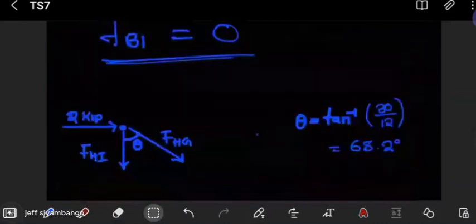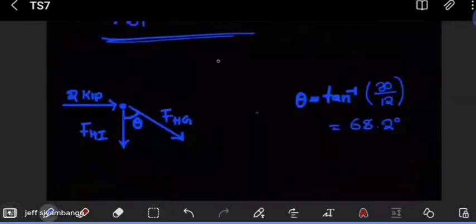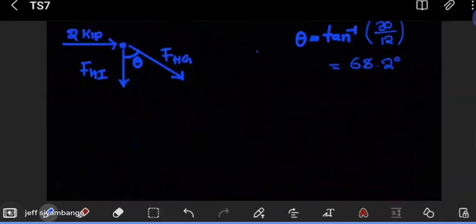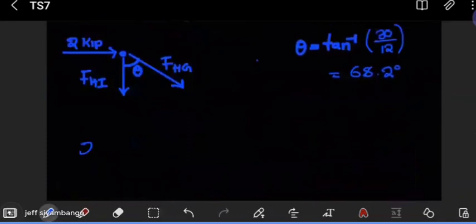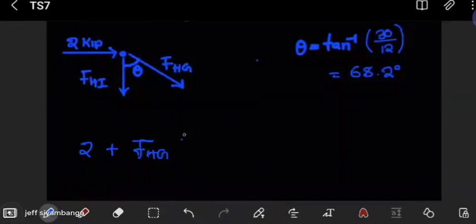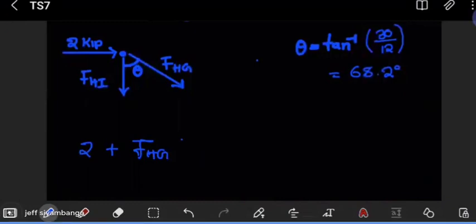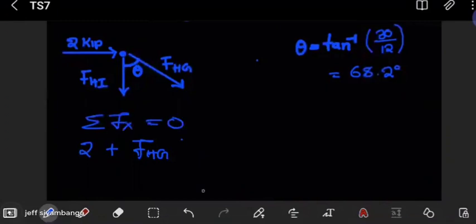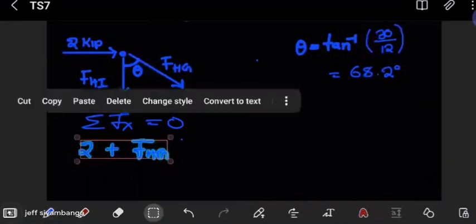Okay, so this is at H. So let's see, in the x-axis, we've got the 2 going to the right. And then we also have FHG. Will it be sine or cos? I'm getting the x component.